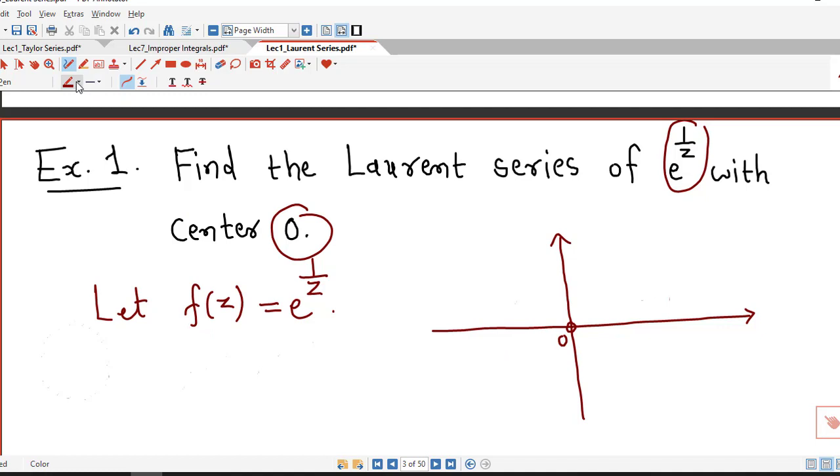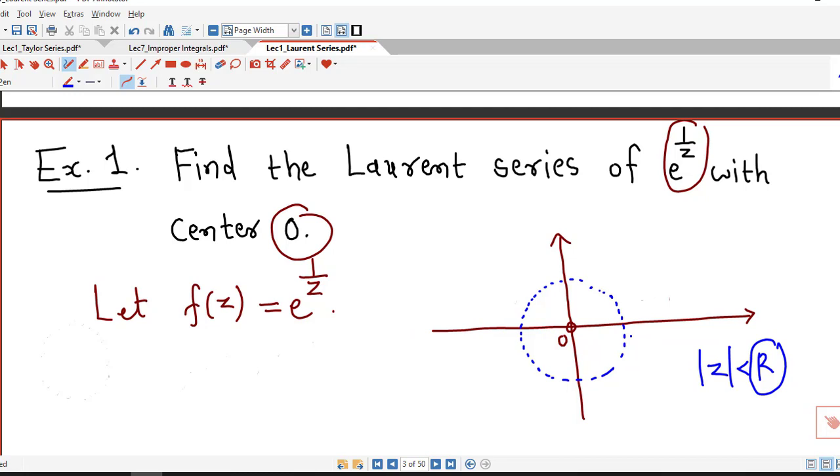So if we consider any circle with center z equal to 0 and any positive radius, then the function is not analytic at z equal to 0.